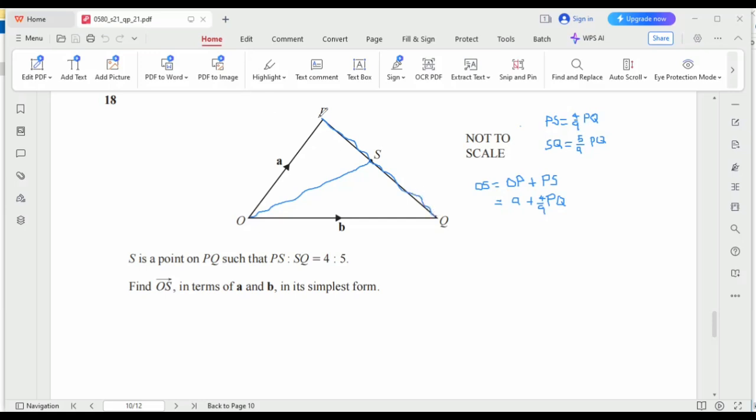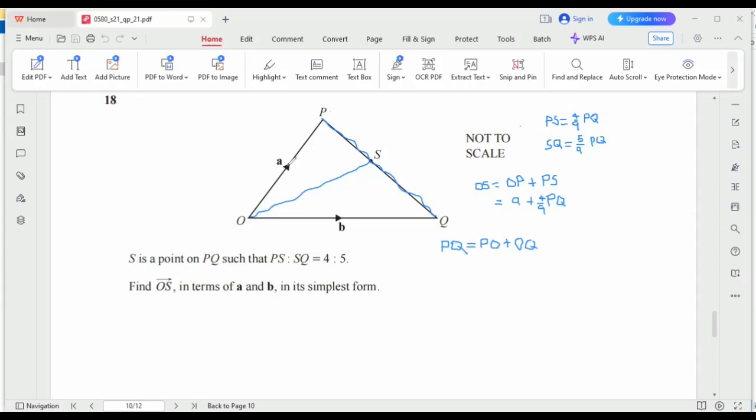You can go from P to O and then from O to Q. So we can say PQ is equal to PO plus OQ.